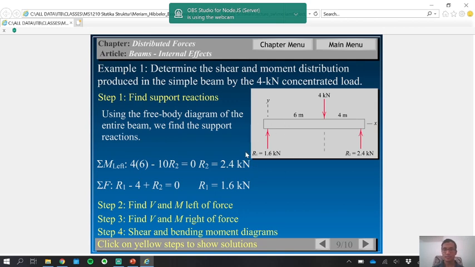We can see here the support reactions: 2.4 kilonewton on the right and 1.6 kilonewton on the left. Then we create a section where the part is continuous.